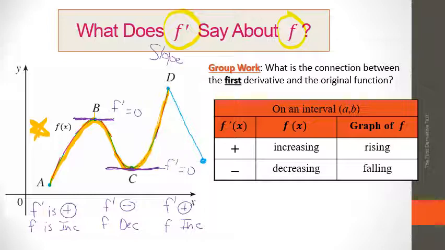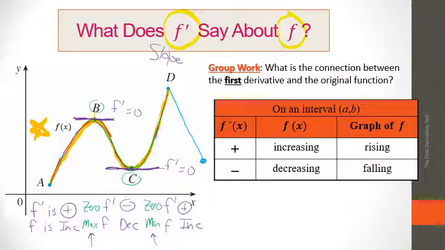So when you go from increasing to decreasing, in between there, the function has a max and the slope is 0. And when you go from decreasing to increasing over here at C, you have a min and your slope is 0.